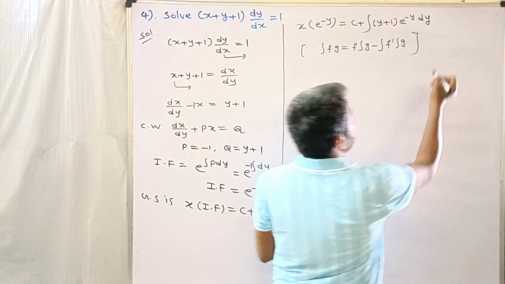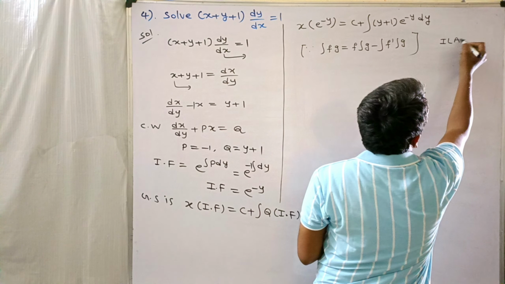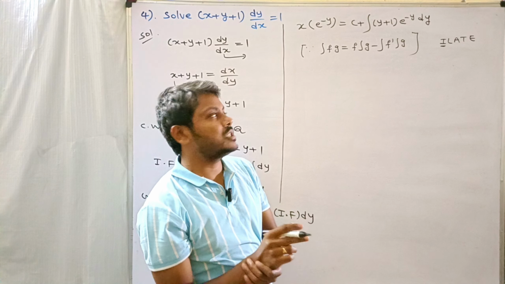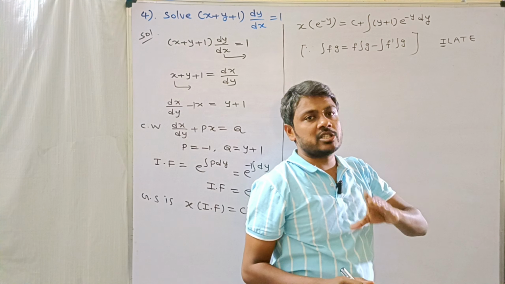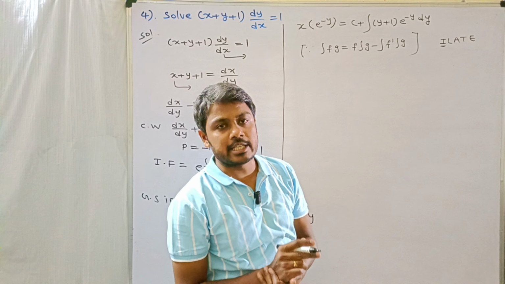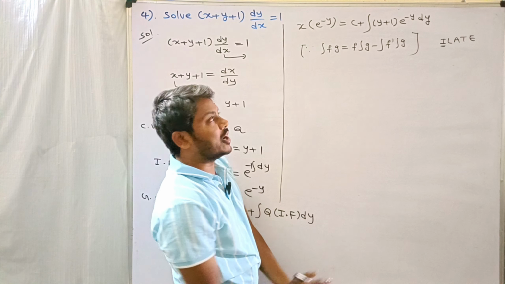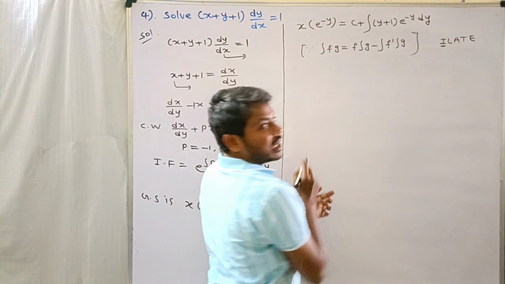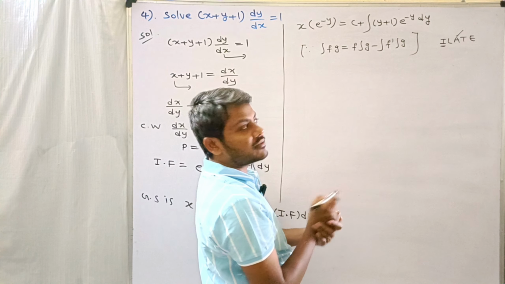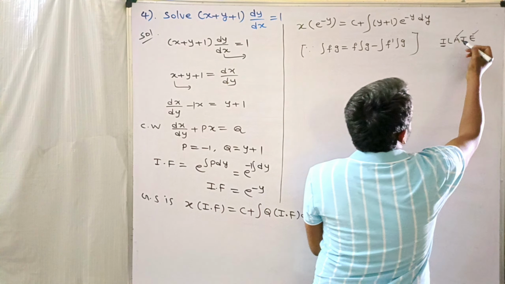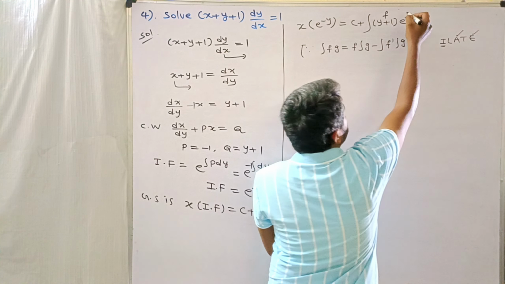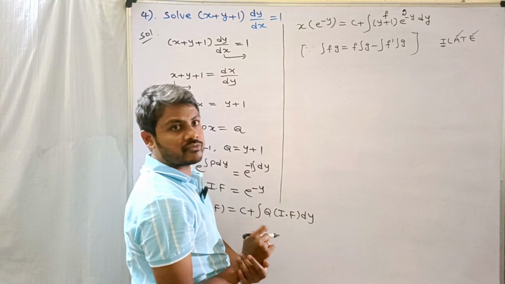By using the word ILATE: I means inverse trigonometric functions, L means logarithmic functions, A is algebraic, T is trigonometric, and E is exponential. So clearly y plus 1 is an algebraic function. Next, e power minus y is exponential. So we consider the first function as y plus 1 and the second function as e power minus y.